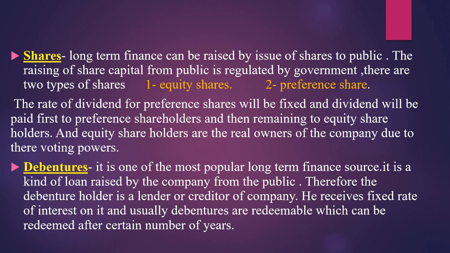And the equity shareholders are the real owners of the company due to their voting powers. The name itself says that preference shareholders means preference will be given to them first. If dividend is given, the first dividend will be paid to preference shareholders and the remaining balance will be paid to equity shareholders.